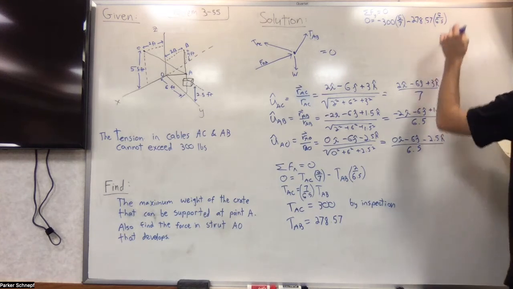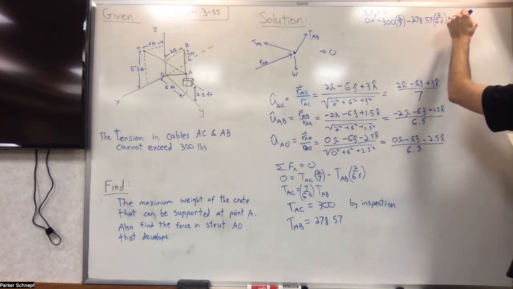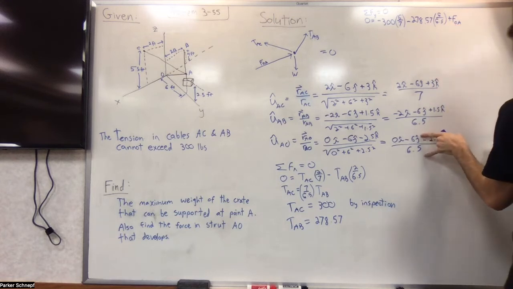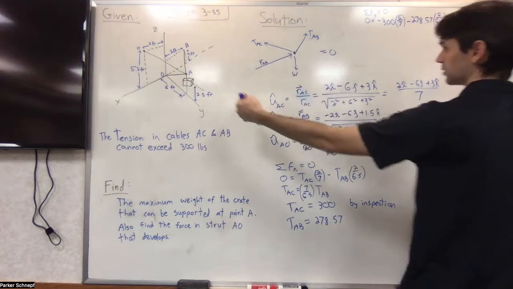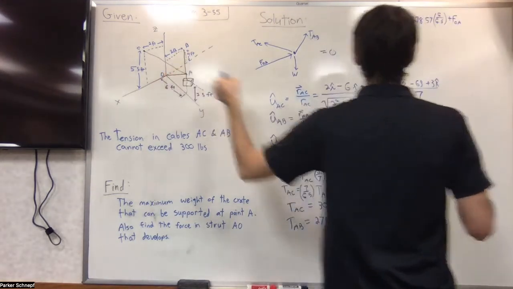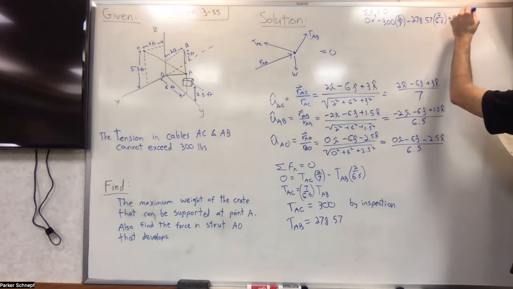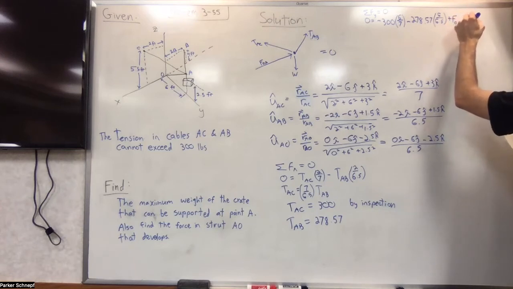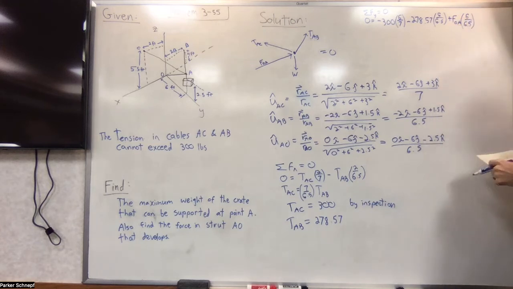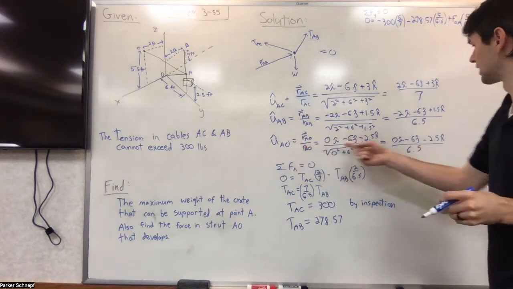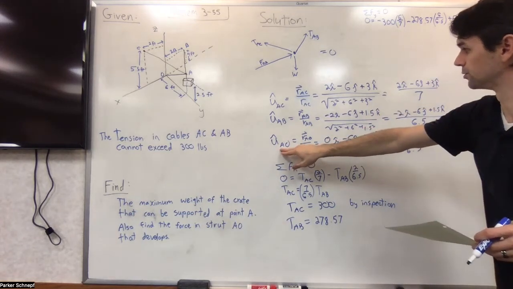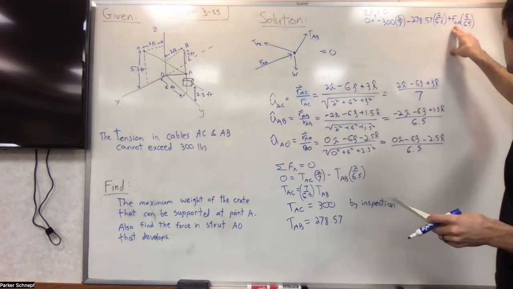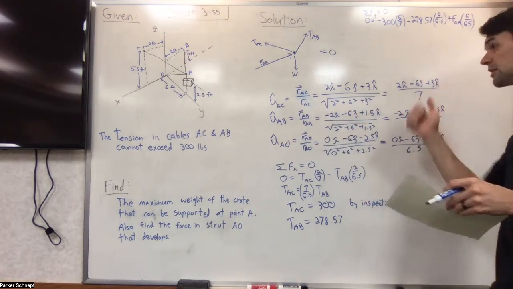And then we have FOA, which we don't know, but it's going to be multiplied by, because we're defining it as going this way, positive 6 divided by 6.5. When we defined OA, we said it's negative, but really we're finding F. So we found the unit vector for UAO, but we're finding the force OA. So the signs just flip because it's going the opposite direction.